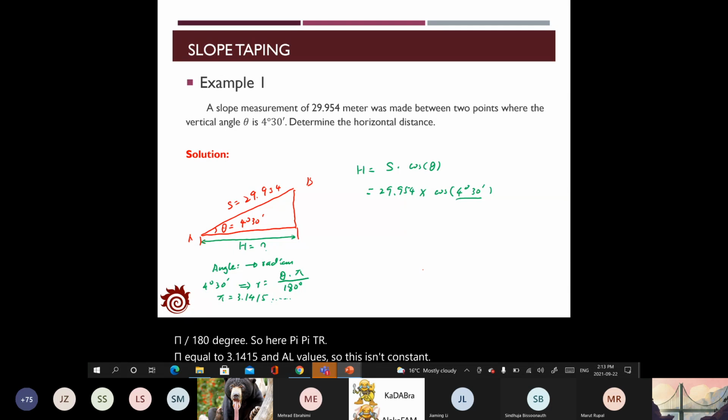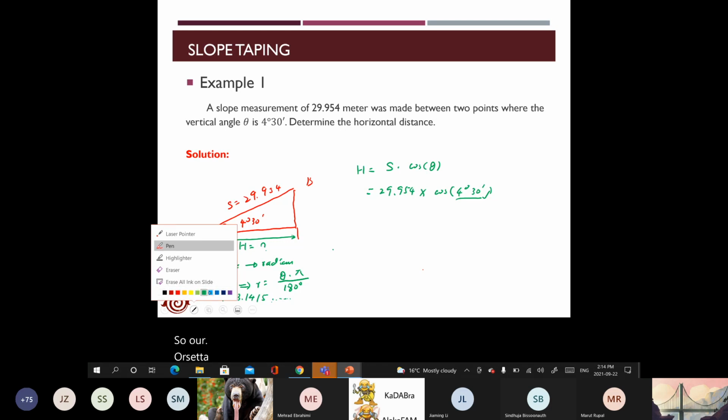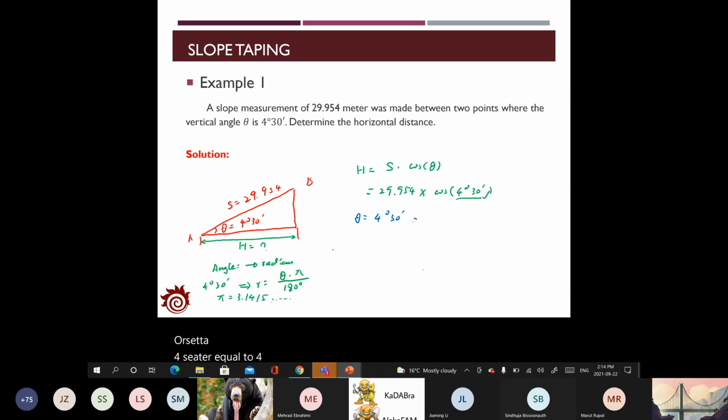In this example, we have theta equal to 4 degrees 30 minutes. We first need to convert this angle to degrees. Theta equals 4 degrees plus 30 minutes divided by 60 minutes.